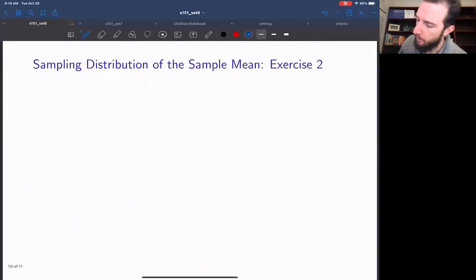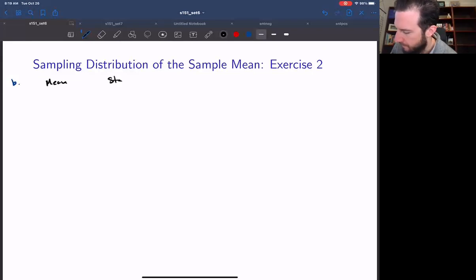Okay. Part B, we have the same question, but we're increasing the sample size now. So we're going to have our three components: mean, standard deviation, and shape.